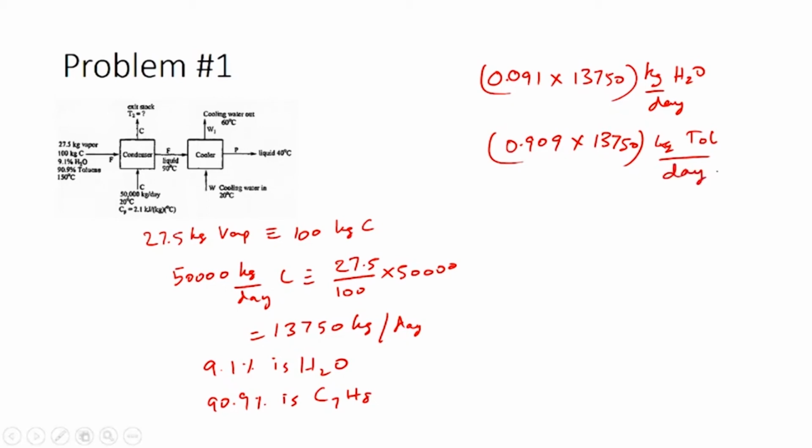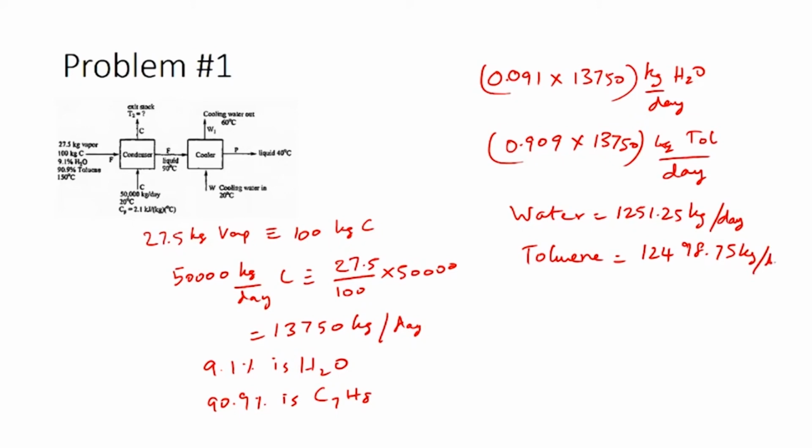So, these can be calculated as water equals 1251.25 kilograms per day, and toluene is equal to 12,498.75 kilograms per day.